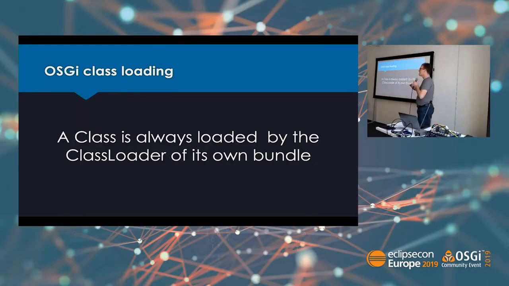If you don't tweak the class loading, this is the simple truth. It just looks where the bundle is located, and by all those delegations happening in OSGi, it will be exactly from that class loader. So there is no real magic happening. It's just coming from where you expect it to come from.